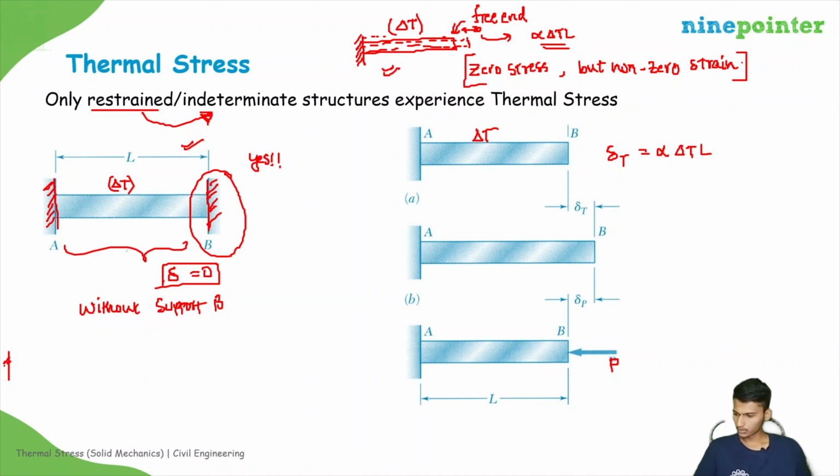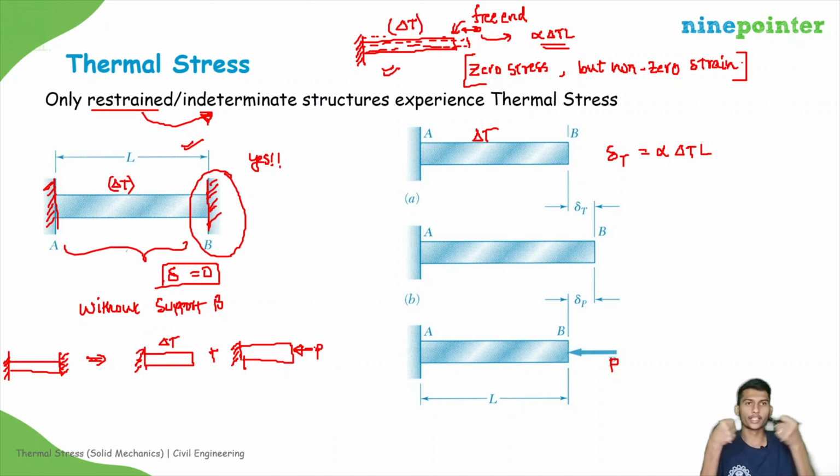We can say this is this one with delta T plus this one with compressive force P. When it tries to expand, the fixed supports will try to compress it. So there will be a compressive stress. So it will be a compressive reactive force, right?